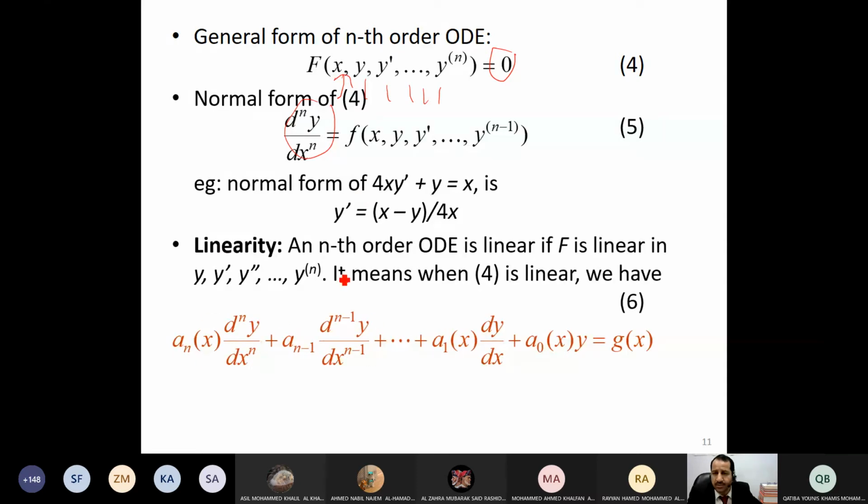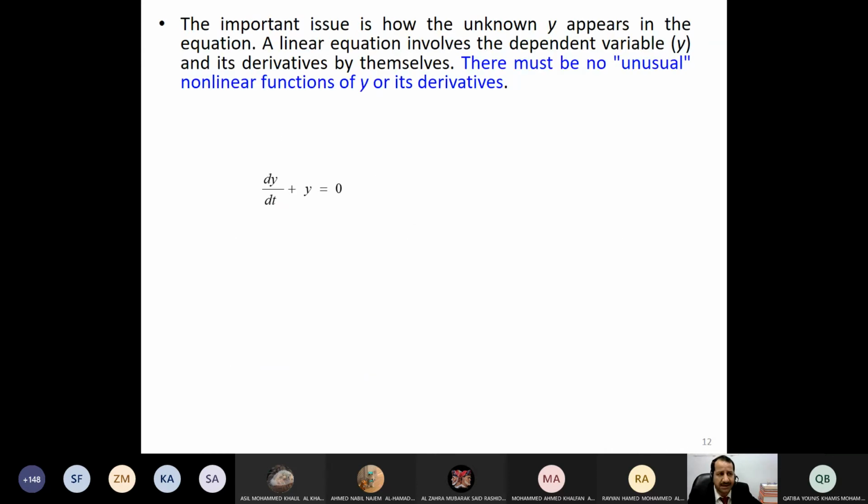Now let me come to another property in the terminology, which is linearity. The ordinary differential equation could be a linear equation or a non-linear equation. What do we mean by linear or non-linear?